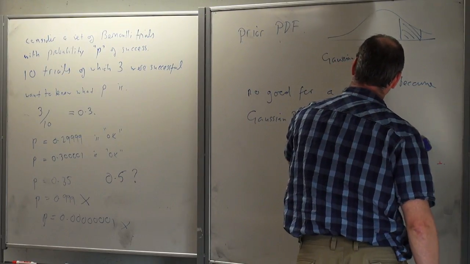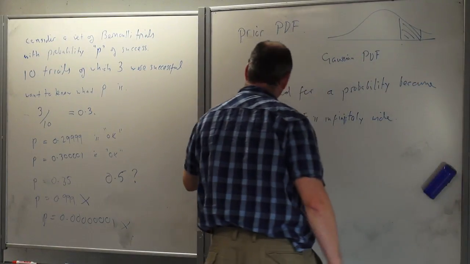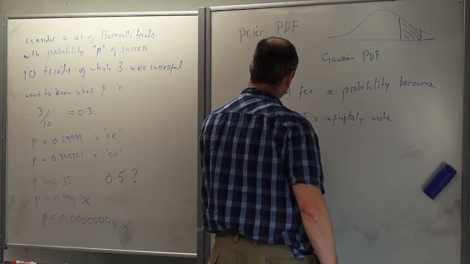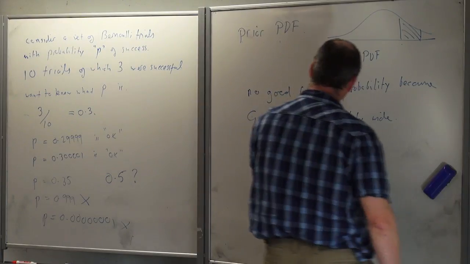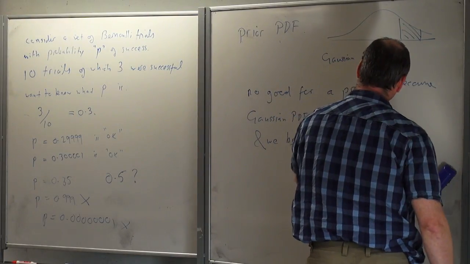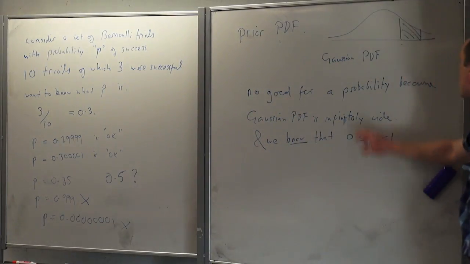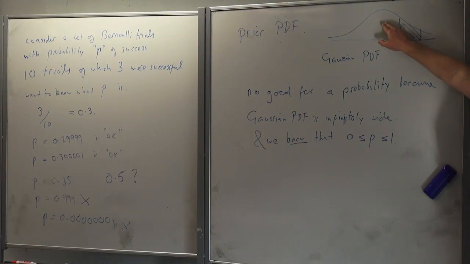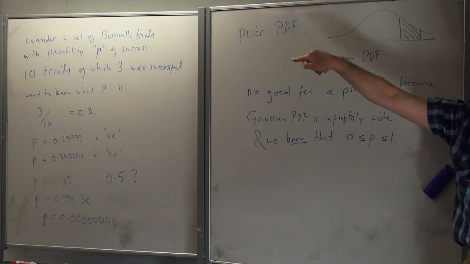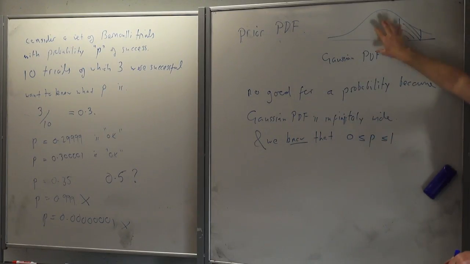We know, in fact, that 0 is less than or equal to p is less than or equal to 1. So however narrow you make this Gaussian, it's still going to stick its nose out of 0 and 1. So the Gaussian PDF is no good.